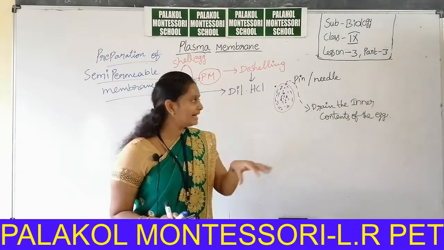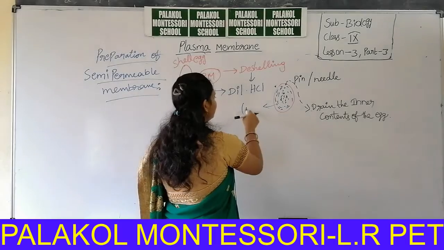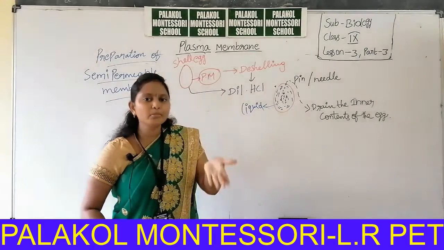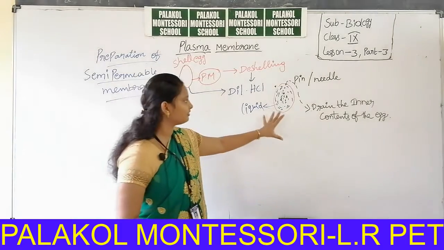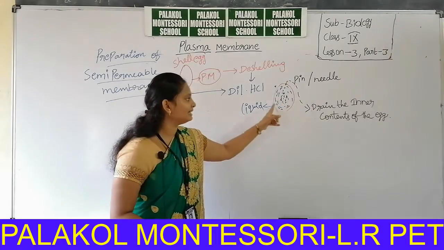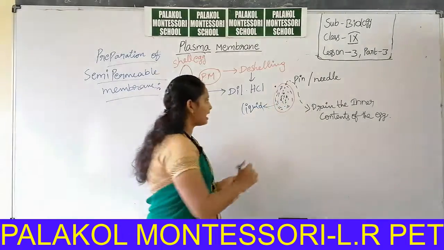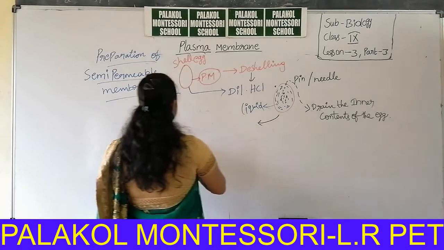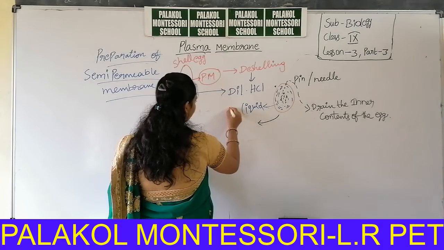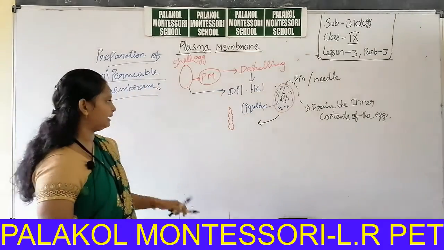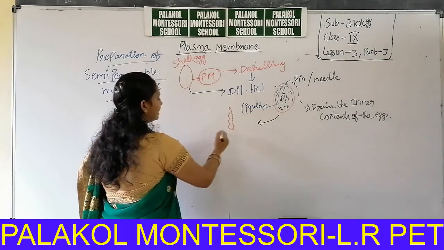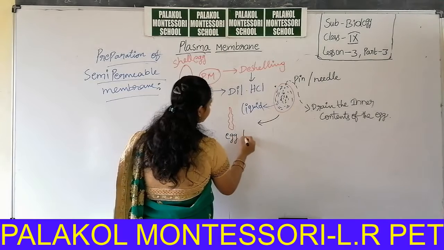So the inner content is in liquid state only, and it is easy to remove by making a hole on the surface of the layer. Now the liquid content present inside is drained off and the layer has a hole on the upper side or any other side. It is a drained egg layer.